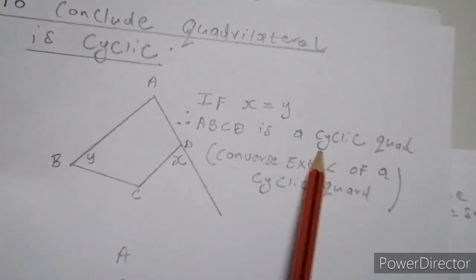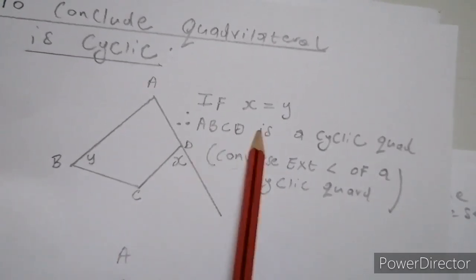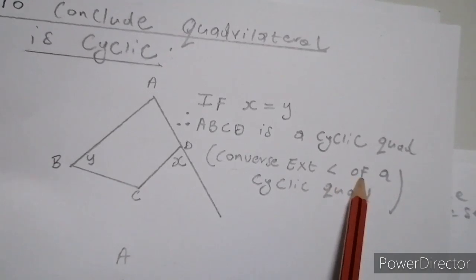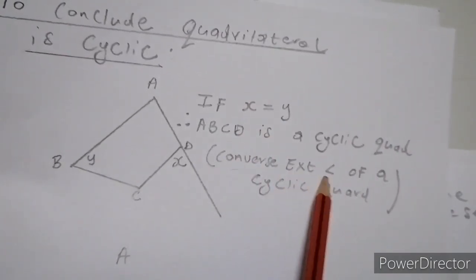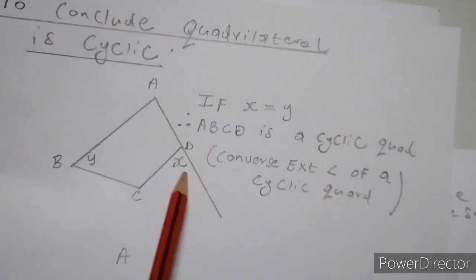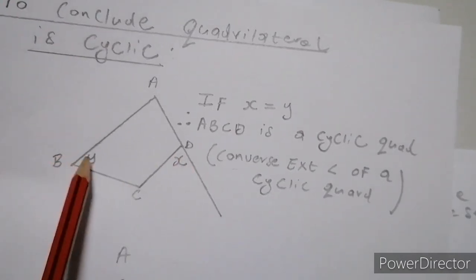Now, we can conclude by saying that quadrilateral ABCD is a cyclic quadrilateral. What is the reason? How do we reason? We reason because of this. Converse exterior angle of a cyclic quad. Or we can say exterior angle of quadrilateral is equal to the interior opposite angle.